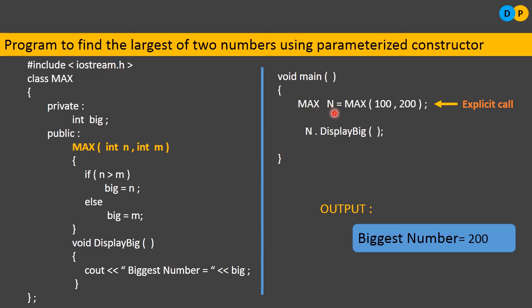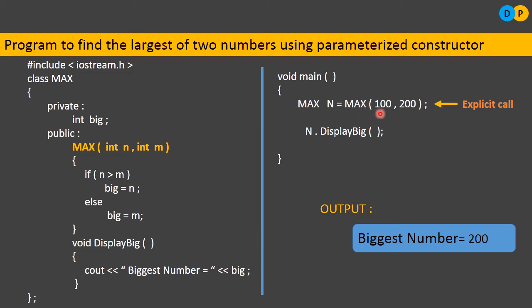As soon as an object is created, it will be followed by the assignment operator, that is a single equals. Again you will be calling the class constructor name. The constructor name is the same as the class name, as you can notice here, and within parentheses there is a list of arguments. If you come across such a statement, it can be recognized as an explicit call. Explicitly we are calling.